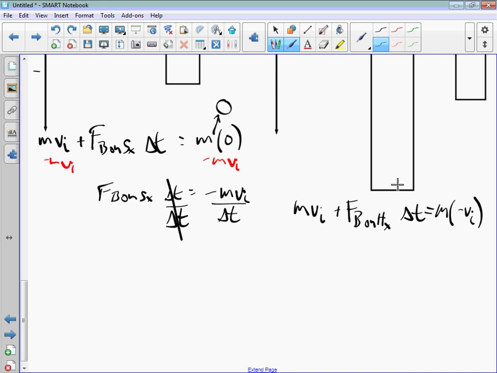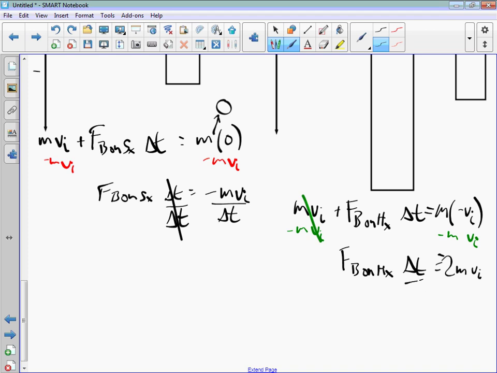I'm again going to want to get force by itself, so subtract mass times initial velocity from both sides. It cancels on one side, but now we've got two of the same term: negative 2 times mass times initial velocity is equal to the force of the board on the happy ball in the x direction times change in time.